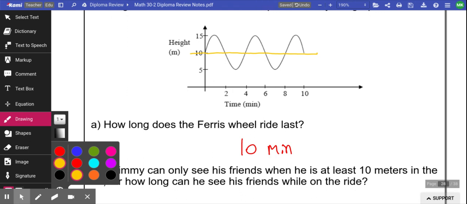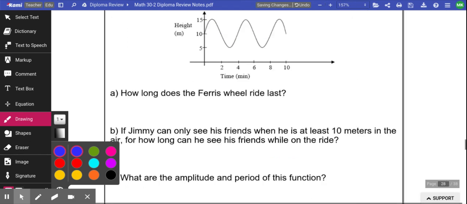If he's below that point, he can't. So from here to here, he can see his friends. That is 2 minutes. Right? 2 minutes. But then from here to here, he can see his friends again. That's another 2 minutes. And then from here to here, he can see his friends. That's another 2 minutes. He can see his friends for 6 minutes.